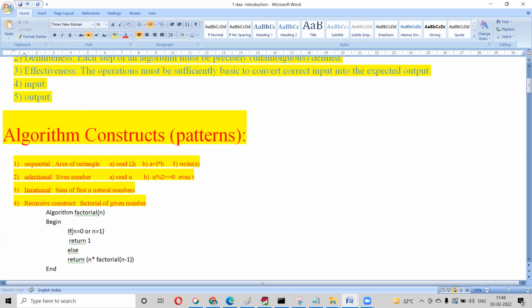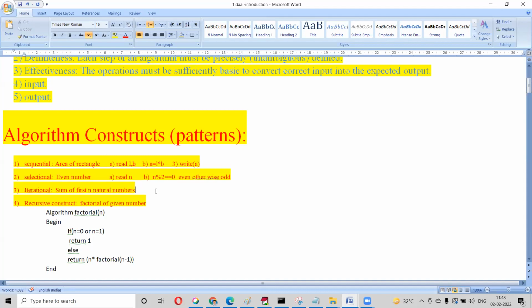Otherwise, odd, we are telling. So depending on this number you are doing some operation, depending on this result, whether it is even or odd. These are selectional statements. You are selecting a particular condition, and based on the condition output you are going ahead.